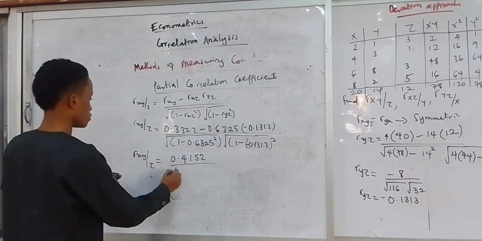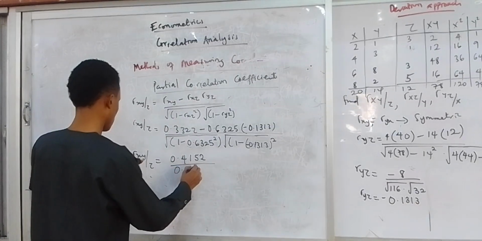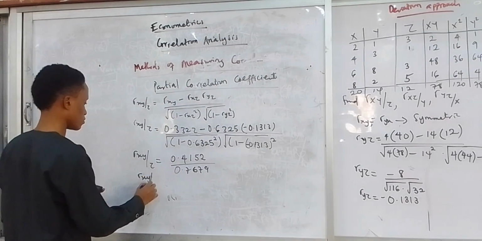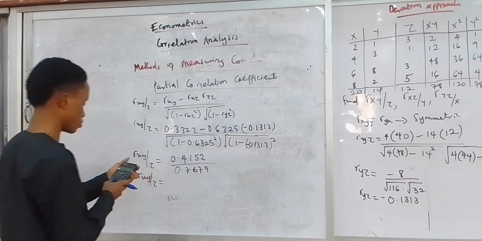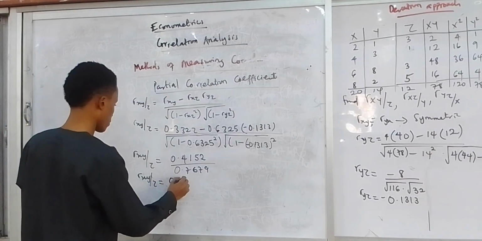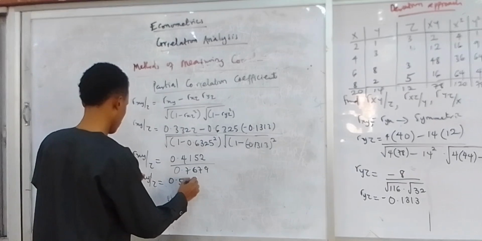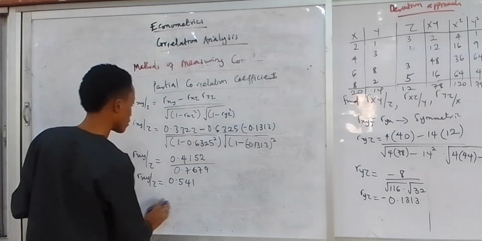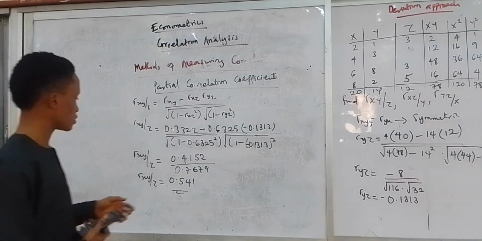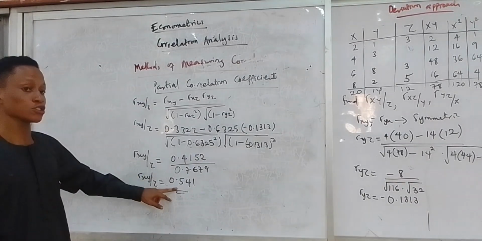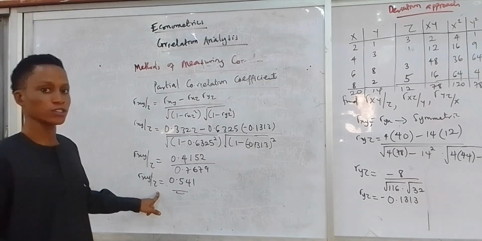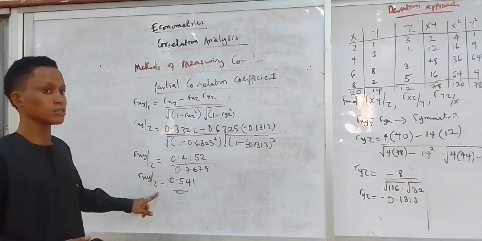This way I'm going to have 0.7679. rxy.z will be equal to 0.4152 divided by the answer. So in this scenario, for us to make interpretation, this is positive. We can say there is positive relationship between x, y holding z constant.